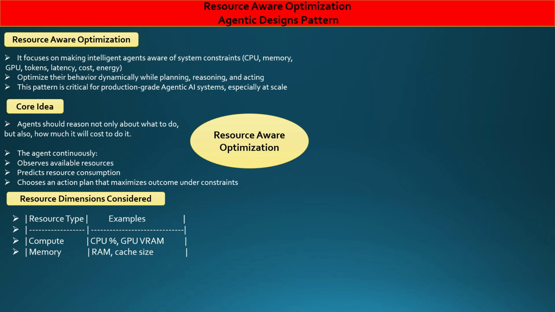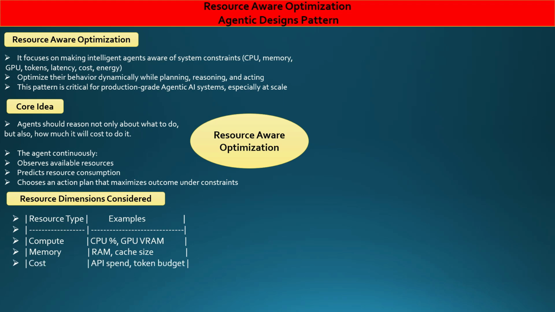Next is memory, that is RAM and cache size. RAM is used for context windows, embeddings, intermediate states, and reuse of cached past results. If memory overflows, the system crashes. So the agent chunks large inputs, summarizes intermediate results, and reuses the cache intelligently.